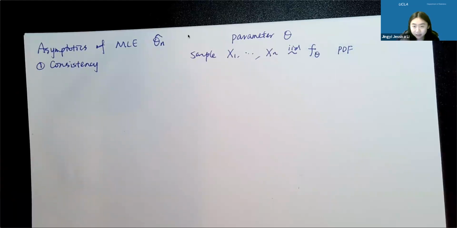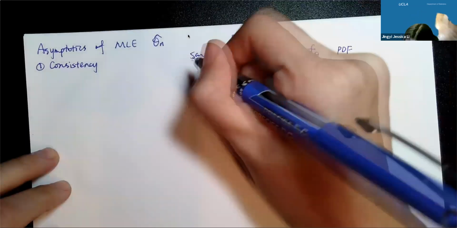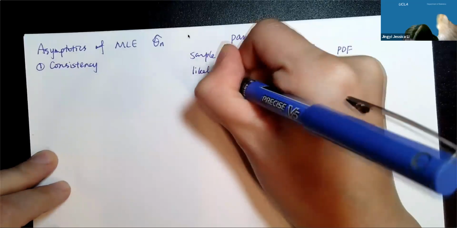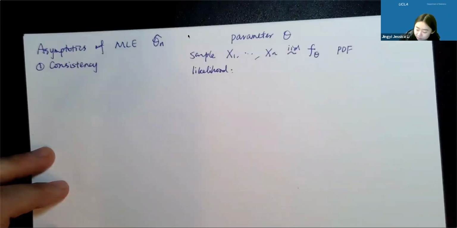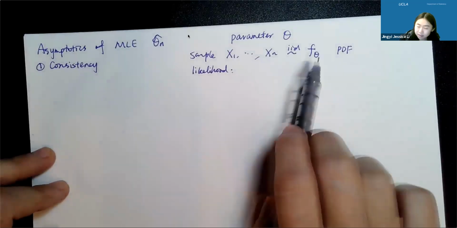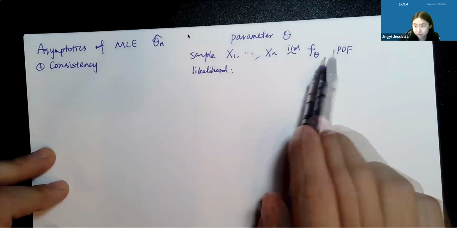And recall how we find the MLE. To do that, we need to first write down the likelihood function based on the density. As a recap, the likelihood function is a function of a parameter, so its domain is a subspace of the parameter space.